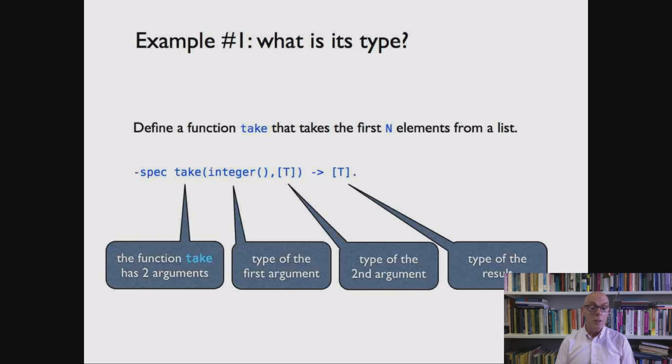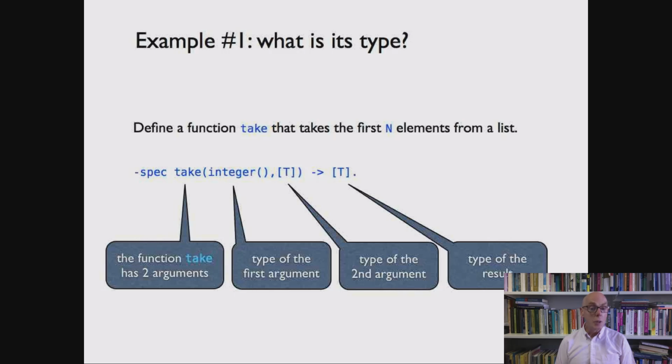The first argument is integer, the second argument is a list of something, and it returns a list of that something. So this begins to tell us that we have a more sophisticated language of types and so on than perhaps we'd thought. We'll talk more about this towards the end of this week.